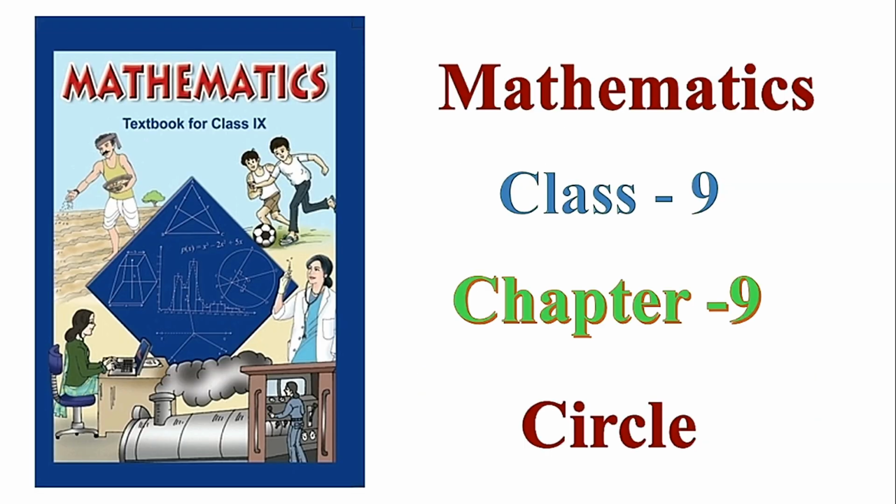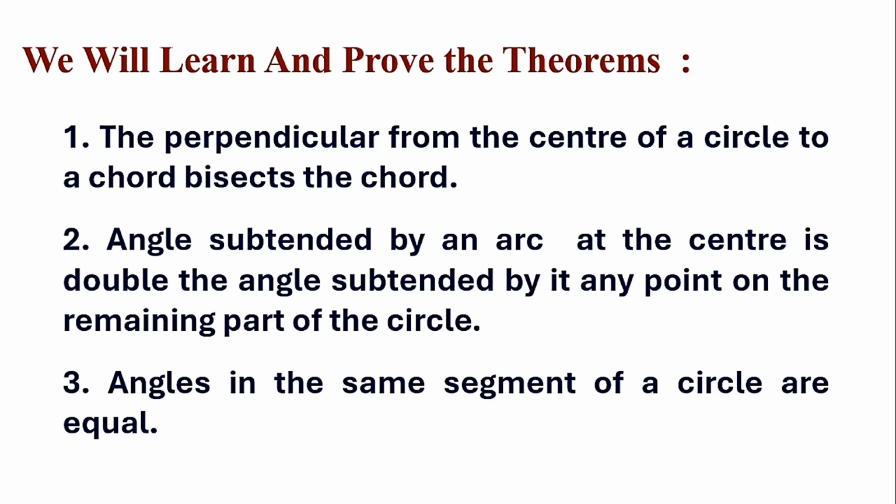In this video, we will talk about Mathematics Class 9, Chapter 9, Circle, and today we will learn and prove the theorems related to circle. First, the perpendicular from the center of a circle to a chord bisects the chord.